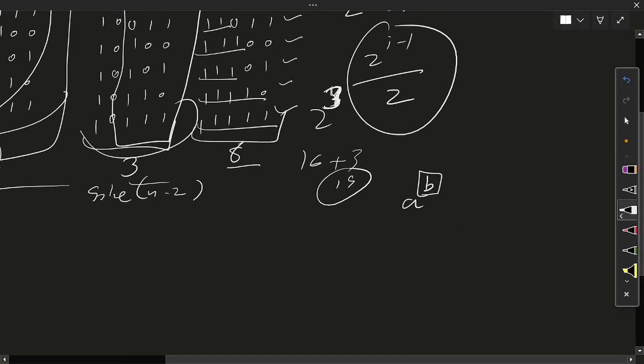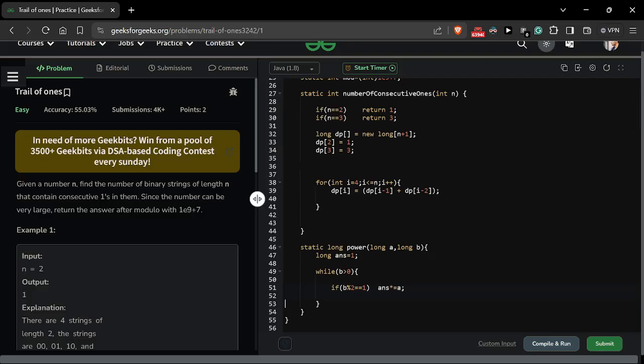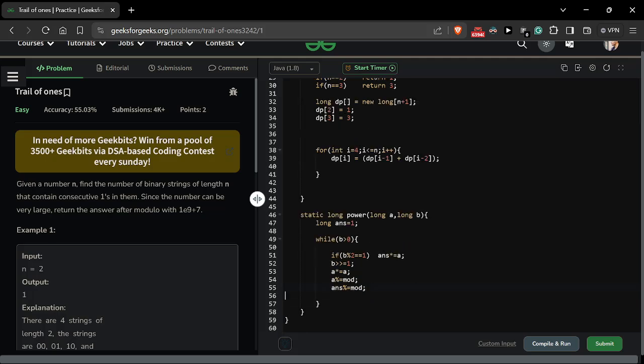If b is greater than 0, then check: if b is odd, then multiply answer with a. Then divide b and multiply a. Now b is even, so just multiply a and take the modulus, then at the end return our answer.